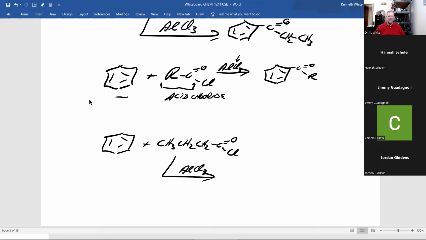And the question is, what's the product or products for the following reaction? Again, what's the product, organic product or products when you react this with this catalyst?